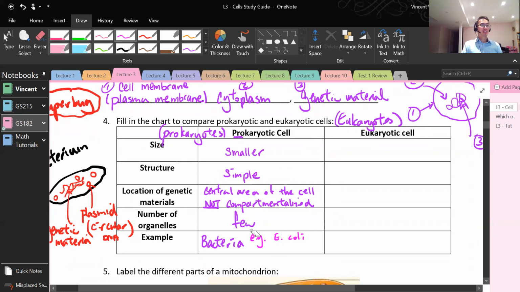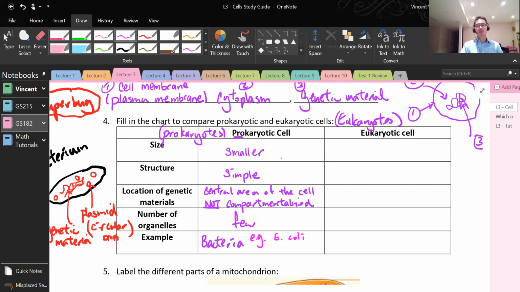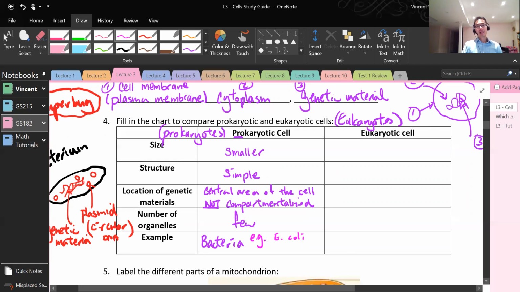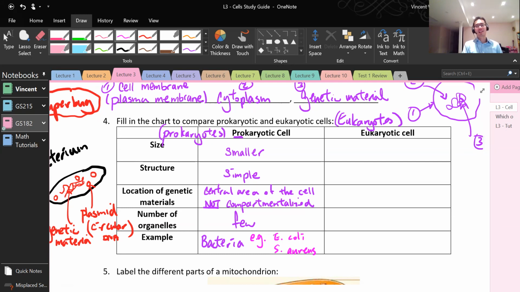Another one? Anybody have another one? Coccus. Coccus is actually a shape, meaning balls. There's streptococcus, for example, that causes strep throat. Yes, Allison's right, the E in E. coli stands for Escherichia or something like that.